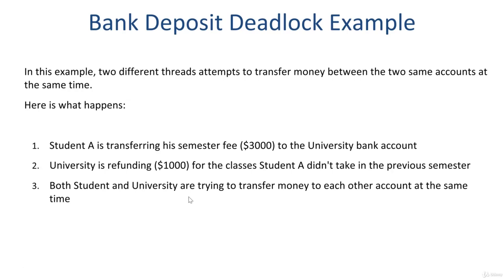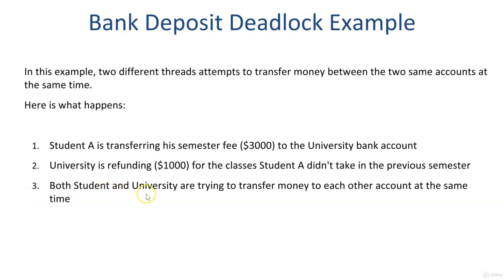So let's look into this example. This is a bank deposit deadlock example, and in this example there are two different threads which are attempting to transfer money between the two same accounts at the same time. So here's what's happening. Student A is transferring his semester fee of $3,000 to the university bank account, and university is refunding $1,000 for the classes student A didn't take in the previous semester.